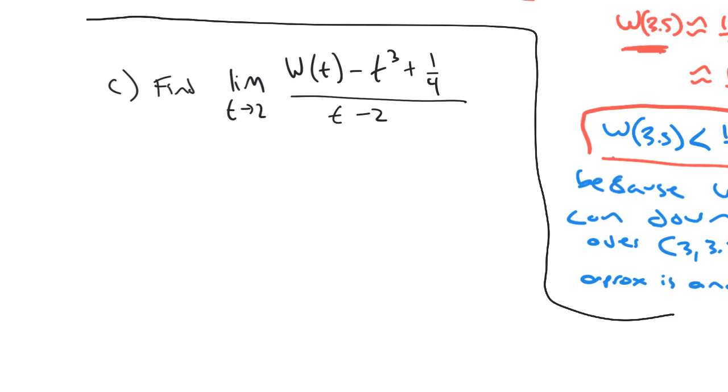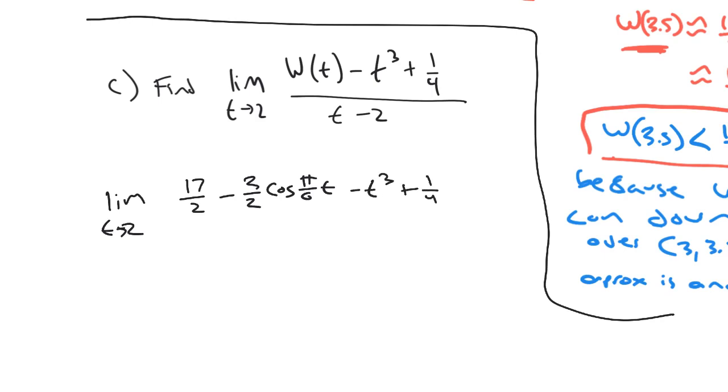So I'm going to plug in there and see if that helps at all. So we've got the limit as t approaches 2 of 17 over 2 minus 3 halves cosine of pi over 6t, minus t cubed plus 1/4, all over t minus 2.